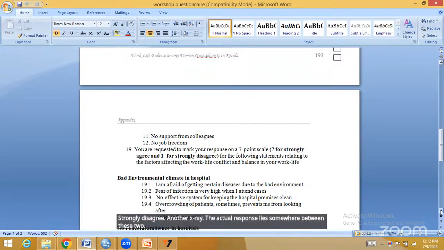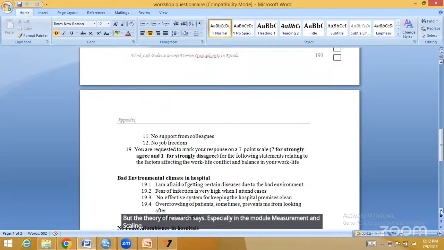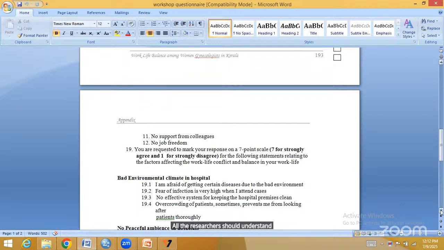And the opinion regarding the bad environment and climate in hospital, the response is obtained from the sample gynecologists. So here, the bad environment and climate in hospital is a qualitative variable. What the theory of research says, especially in the module measurement and scaling, all the researchers should understand that particular module in research methodology.